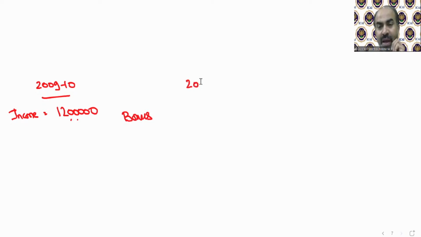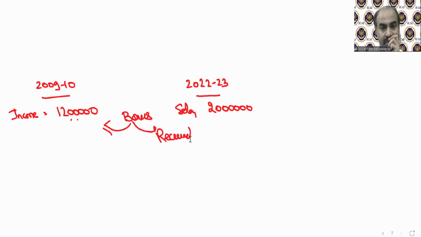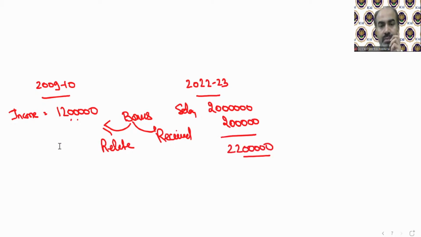Now in previous year 22-23, your salary income of 20 lakh rupees is going to be taxable, as well as the bonus which relates to that year but is received this year. The 2 lakh is again going to be taxable in this year. So taxes have been paid practically like this: on 12 lakh in 9-10, and on 22 lakh rupees taxes need to be paid in 22-23.